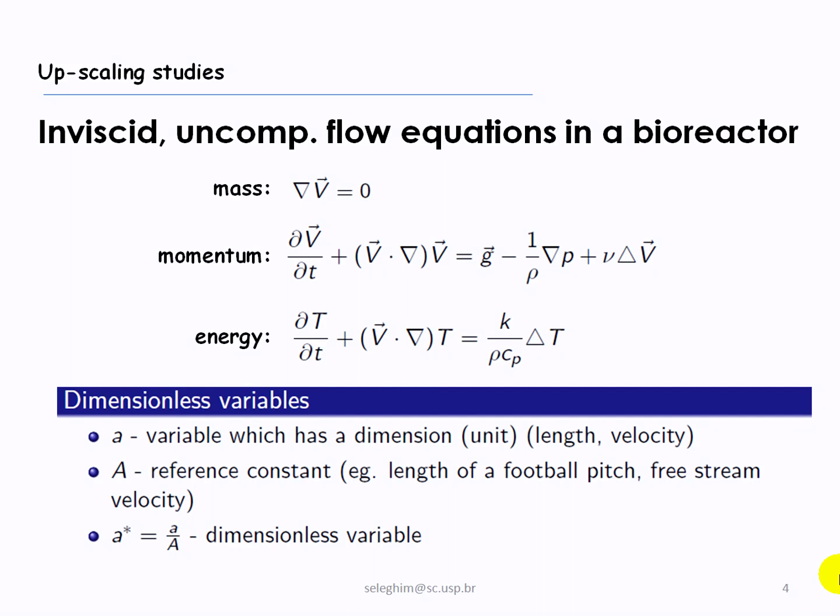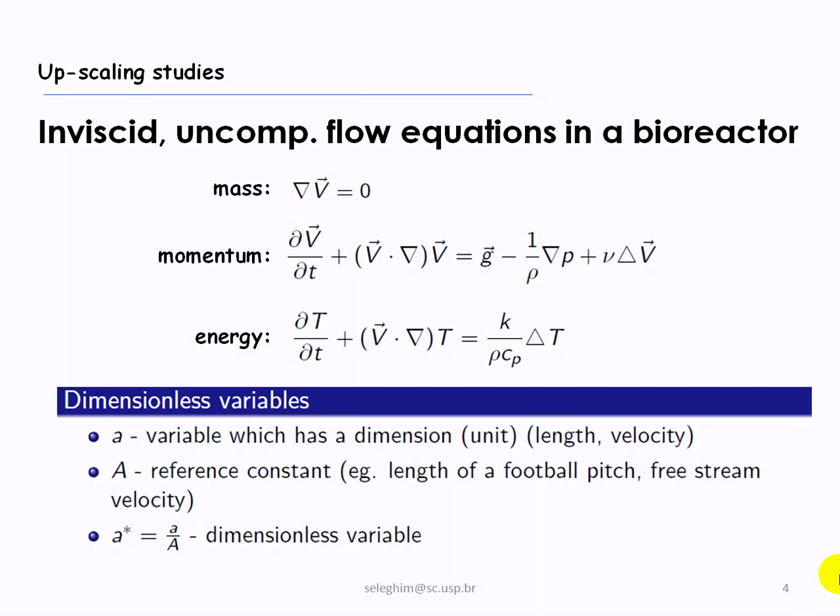They presume an inviscid, incompressible flow happening inside the bioreactor. So the idea to see how dimension affects the problem is to transform these dimensional equations into non-dimensional ones by substituting these variables, velocity, temperature, pressure, by the corresponding non-dimensional ones.